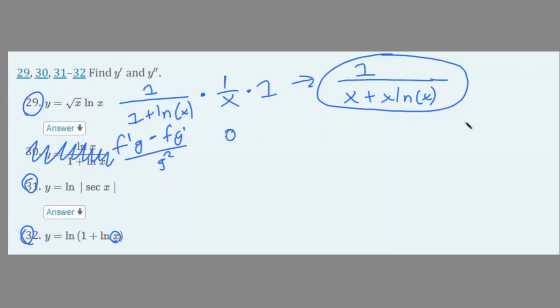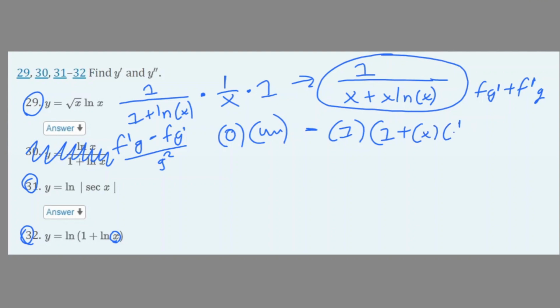So f prime is going to be 0 times g, which is going to be on the bottom, and we could just not write that out because 0 times anything is 0, minus f, which is going to be 1, times g prime, which is going to be 1 plus x times ln of x. We have to use the product rule for that. The product rule is fg prime plus f prime g. So by the product rule, we have x times 1 over x plus 1 times ln of x.